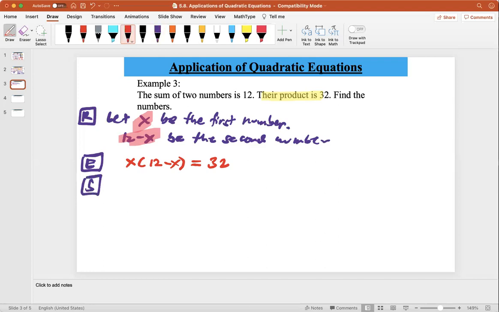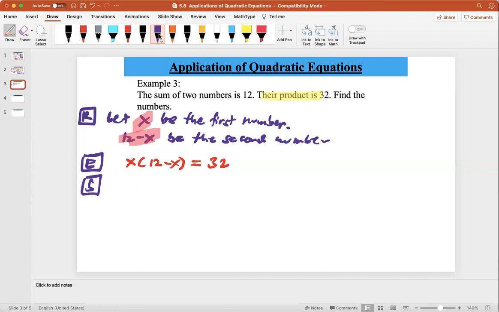By distributive property, multiply x times x, x squared, x times negative 12. Wait, I made a mistake in here. I saw 12 to be x, but it's not. All right, let's repeat that.